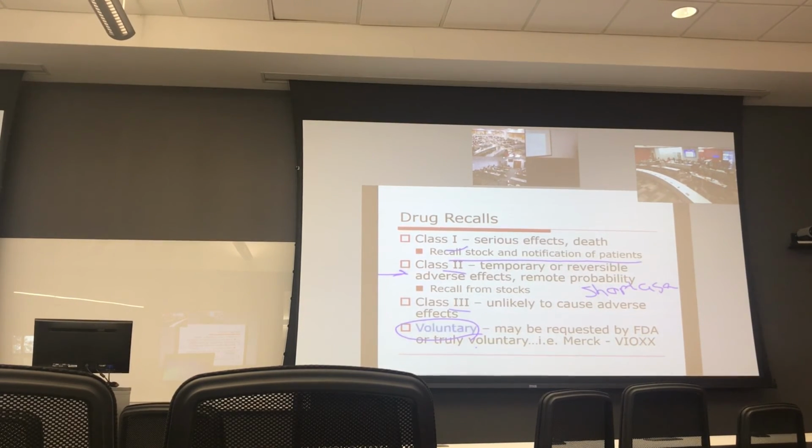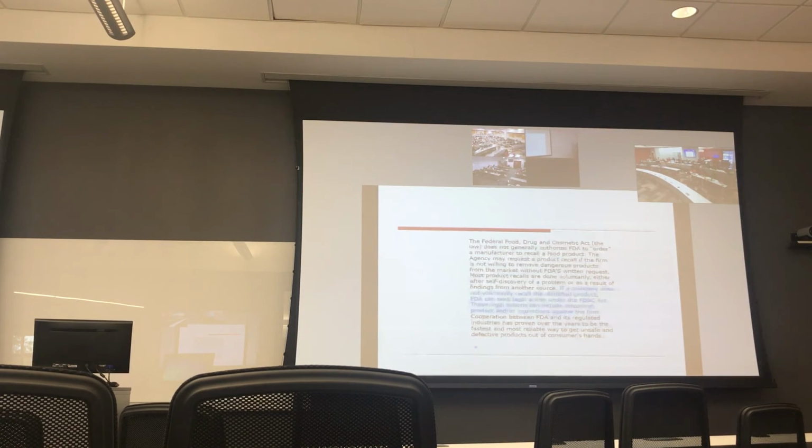They're voluntary, but there's a punch that the FDA has waiting. If they don't voluntarily do it, the FDA can seek legal action under the Food, Drug, and Cosmetic Act and can seize the products or have an injunction against the firm. And occasionally that does happen. But again, don't feel like the companies are being all that altruistic by voluntarily recalling the product. Legally, they don't want to do it. It costs them a lot of money. They're doing it because they know if they don't do it, the FDA is going to come down on them.